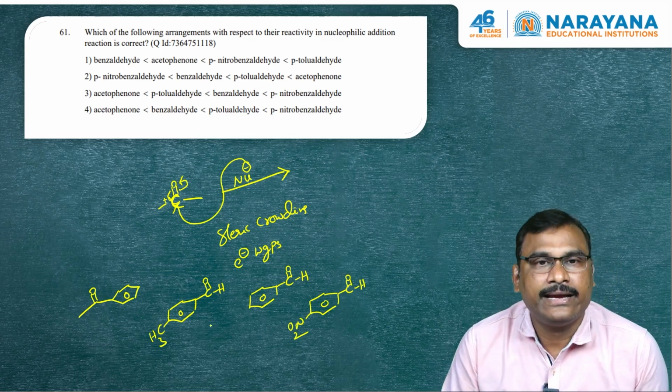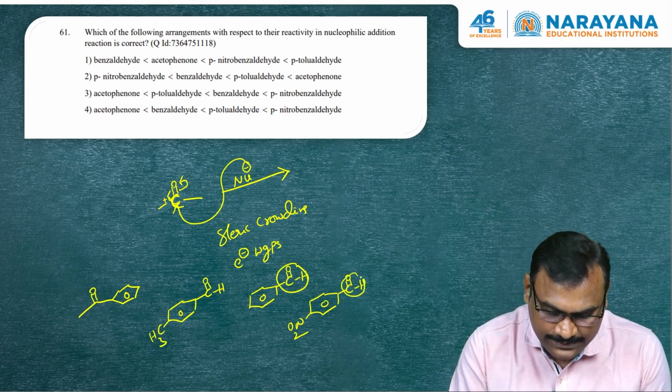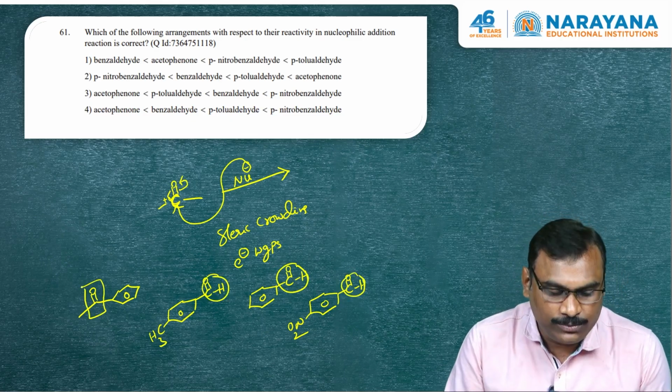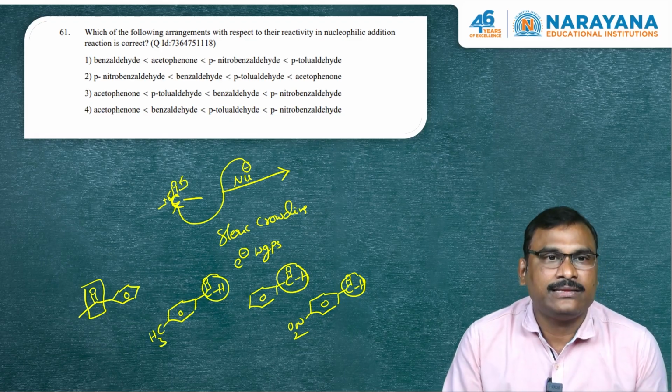Tolualdehyde, benzaldehyde, para-nitrobenzaldehyde, all of them have an aldehyde, but in acetophenone only a ketone is present. So the ketone should be the slowest in rate.